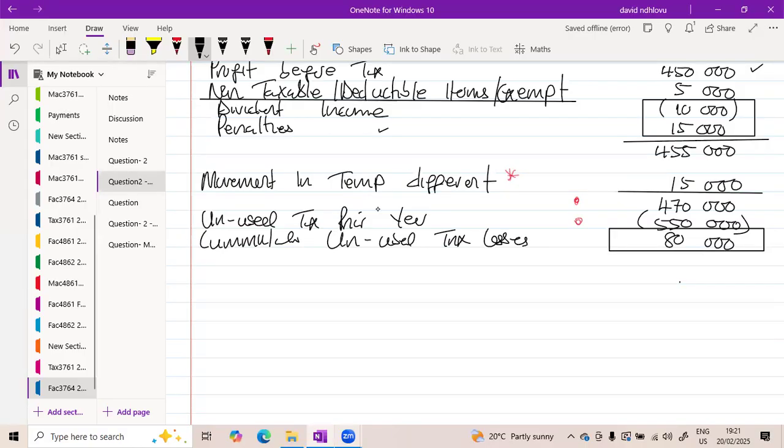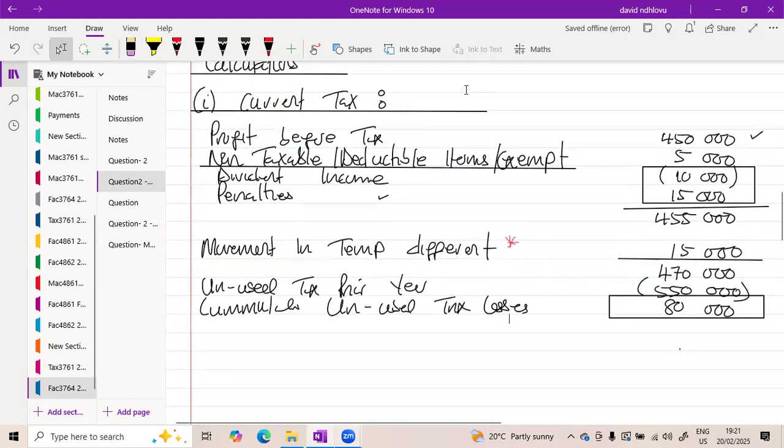Please go ahead, Molohadi. Okay, sorry, David. Aren't we going to include that depreciation? Remember, we had depreciation somewhere. The depreciation, we are not going to account for it here in the calculation of current tax. Because it is a temporary difference. And the temporary differences, we don't show them one by one.